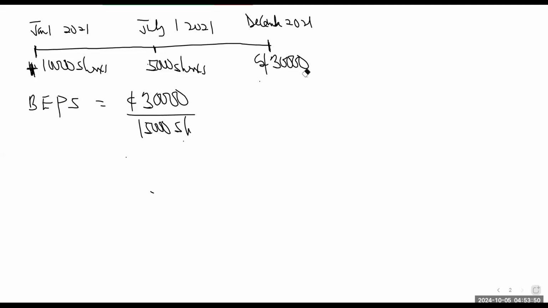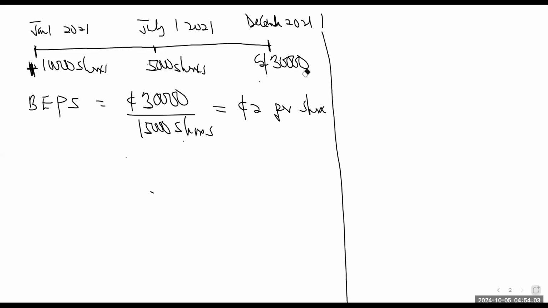So you have 2 cedis per share. If you have done something like this, they will tell you that you do not get any marks for this one. Let me use red so that you know it's wrong. Red will tell you it's wrong.